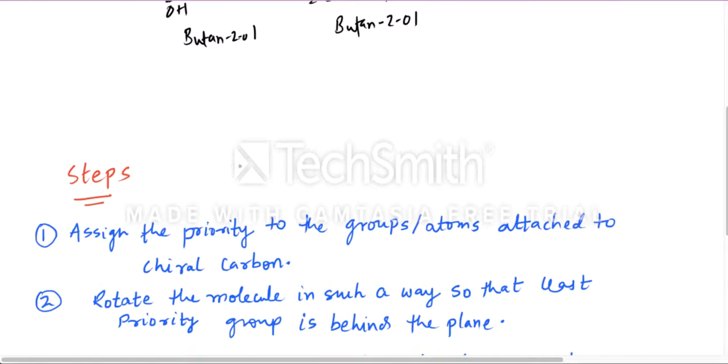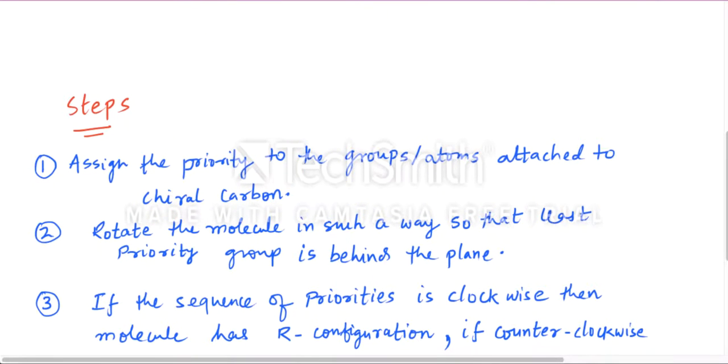Step 1 is to assign priority to the groups or atoms attached to the chiral carbon. How can we assign the priority? We will follow the same route which we did in EZ isomerism. We will follow the CIP rules, Cahn-Ingold-Prelog rules, to determine the priority.